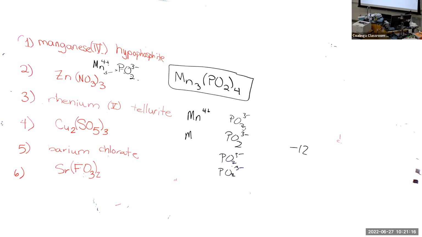So that's 4, that's 8, that's 12. 12 minus 12, 0. So then that's 1, 2, 3 manganese, and then 1, 2, 3, 4 hypophosphites.